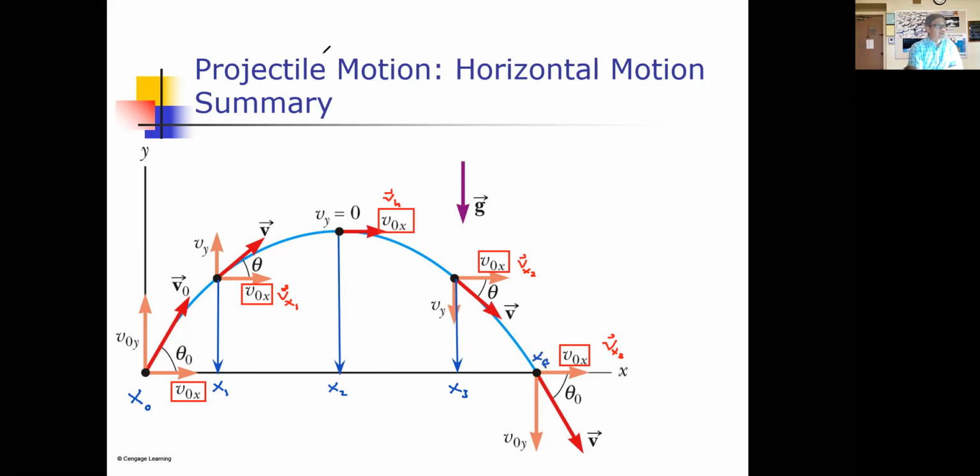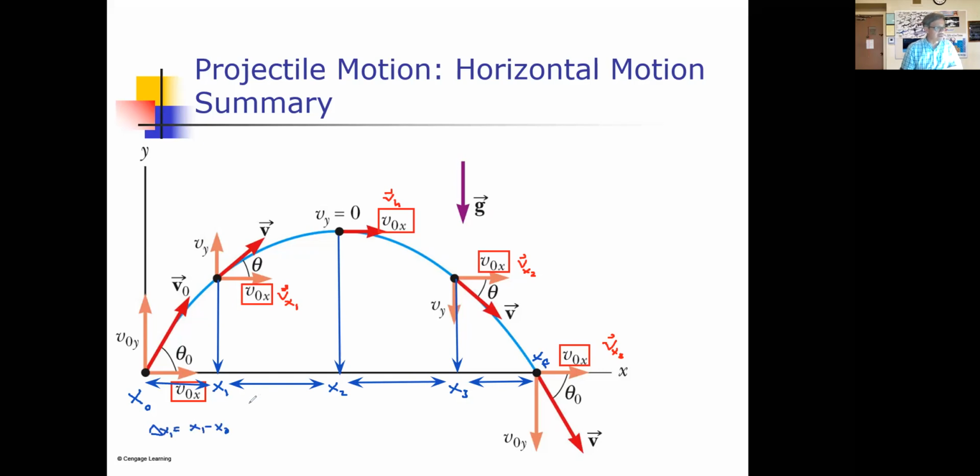What we will notice here is that the object changes its position from one to another, and one to another. So the position will change here. This will be delta x1, which is x1 minus x naught.